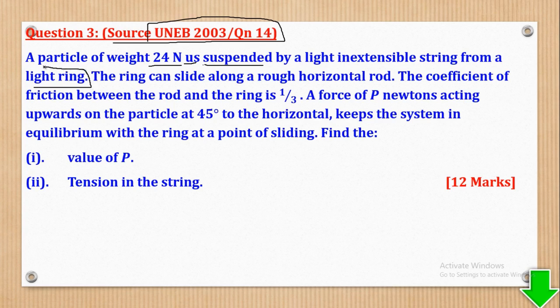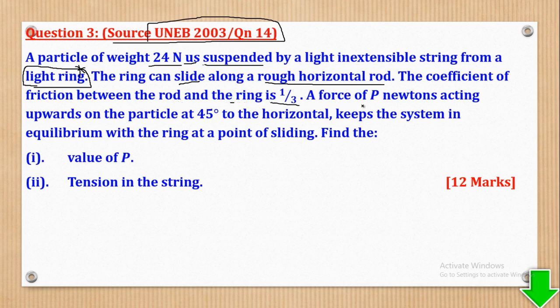Now this, we have brought a new term, ring. You have to be careful while answering such a question with a ring. So the ring can slide along a rough horizontal rod. Know that word.